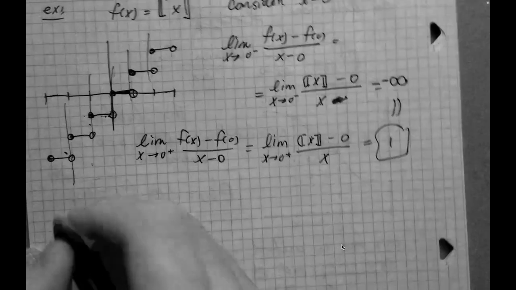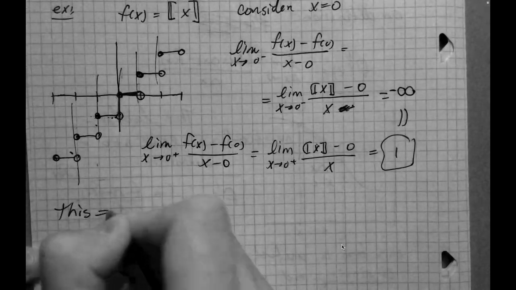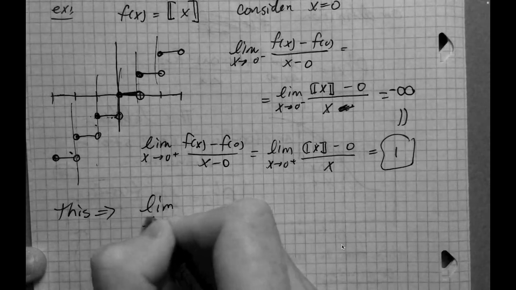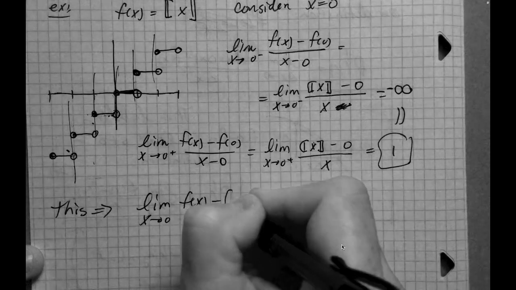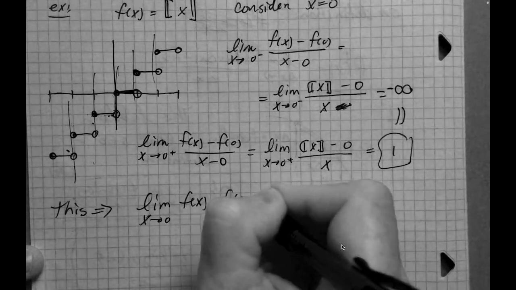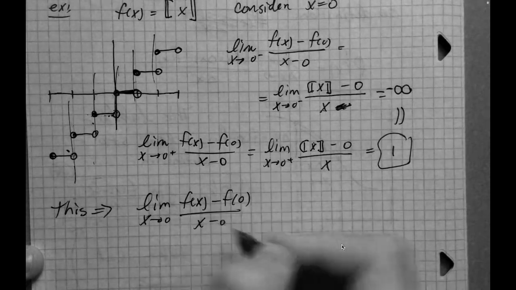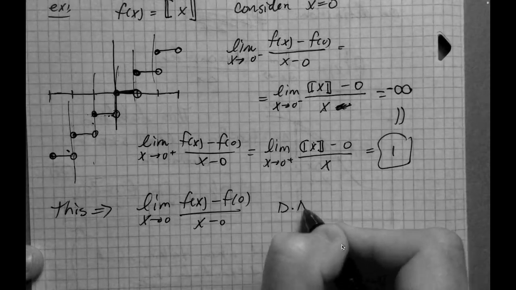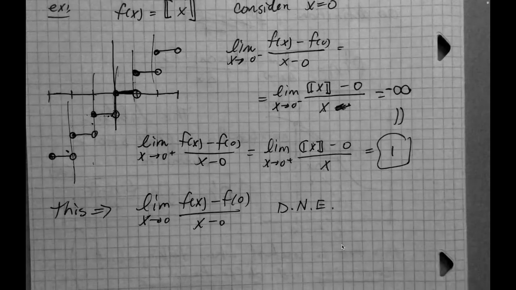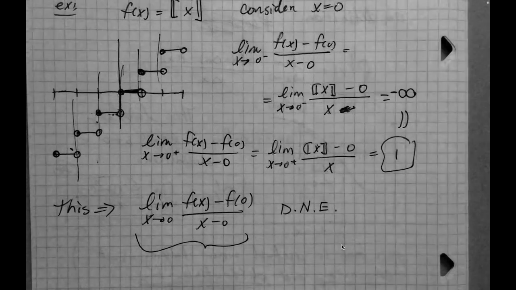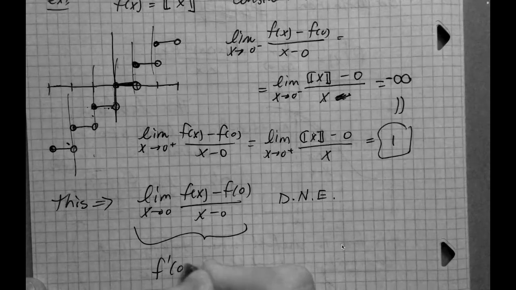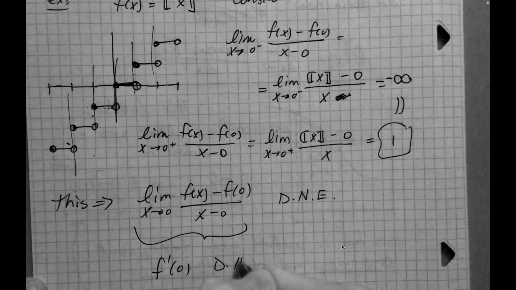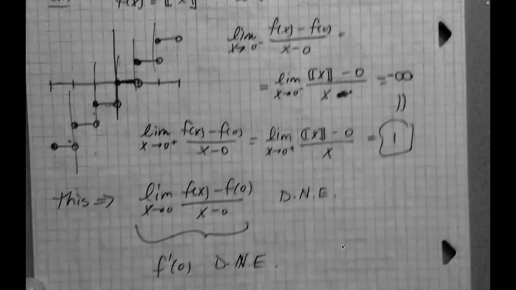And so that means that the limit as x approaches 0 of (f(x) - f(0))/(x - 0) does not exist. This would be what defines the derivative, so obviously the derivative at 0 does not exist either.